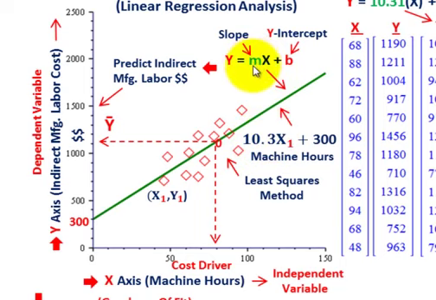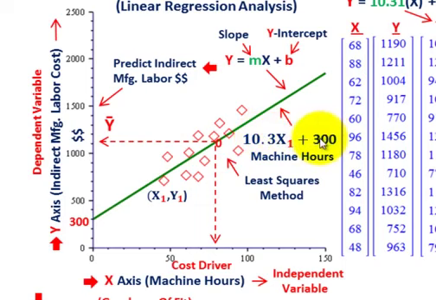That's really the slope of the line. That's how much it increases. What we're saying by the slope is that for every machine hour, indirect manufacturing labor cost goes up 10.3 dollars. So for every machine hour, we have 10.3 dollars in indirect manufacturing labor cost.